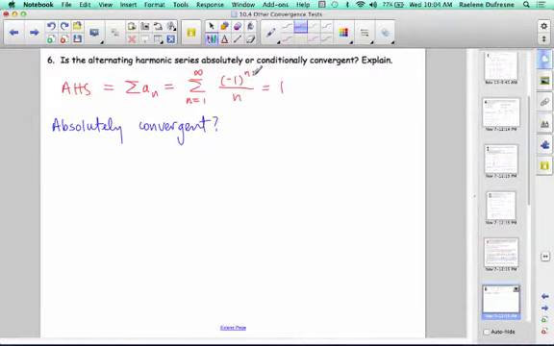So we have 1 minus a half plus 1/3 minus 1/4 plus 1/5. It's an alternating p series with p equal to 1.